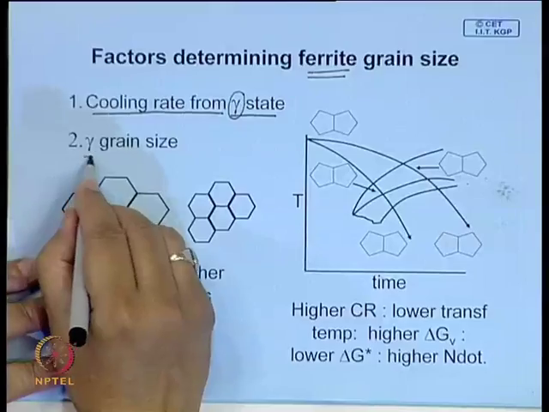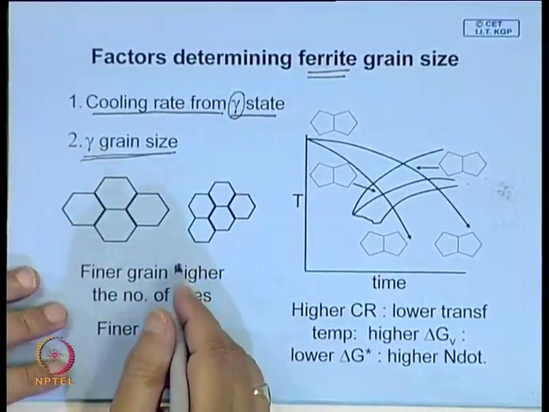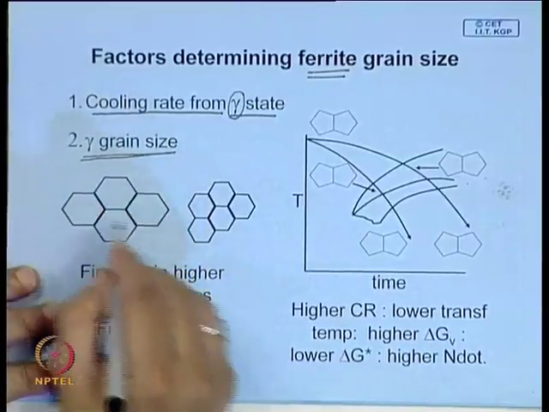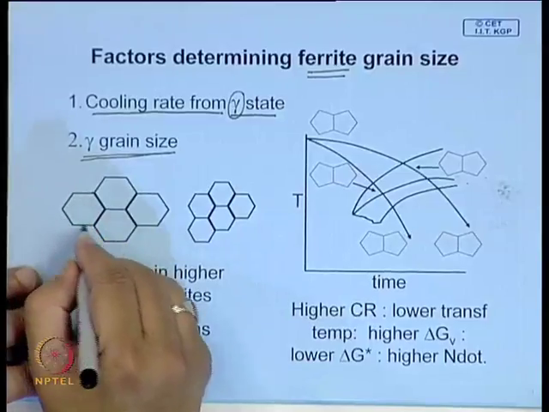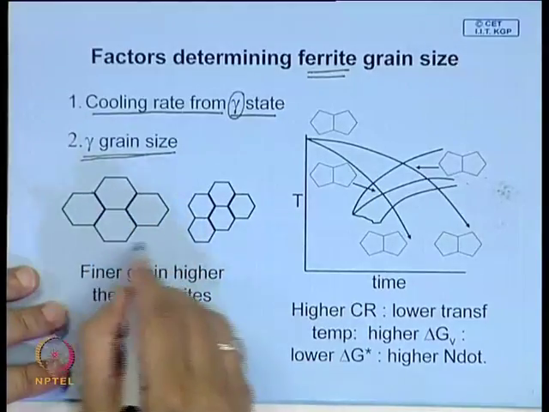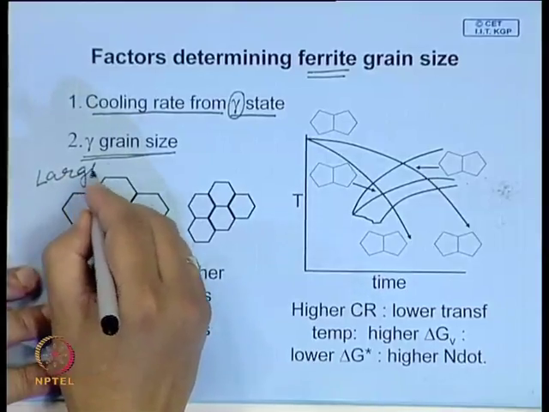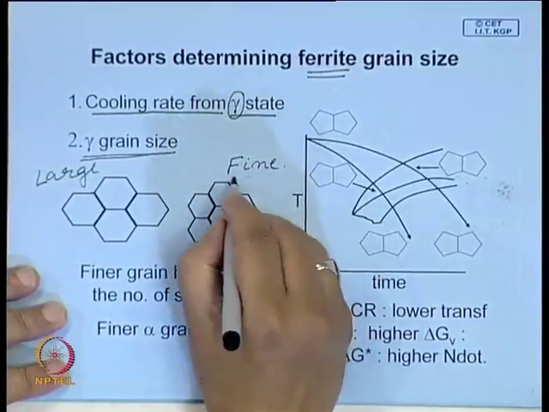It will also depend on prior austenite grain size. Now, suppose you have two samples. In one case, the prior austenite grain size is large, which is shown over here. So, this is a large grain size, and in another case you have fine grain size.